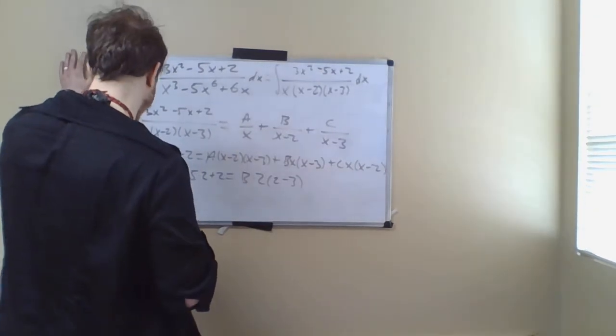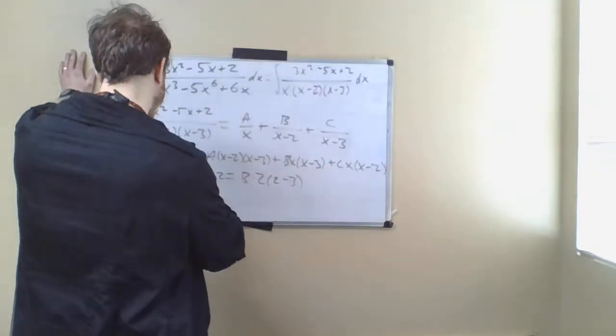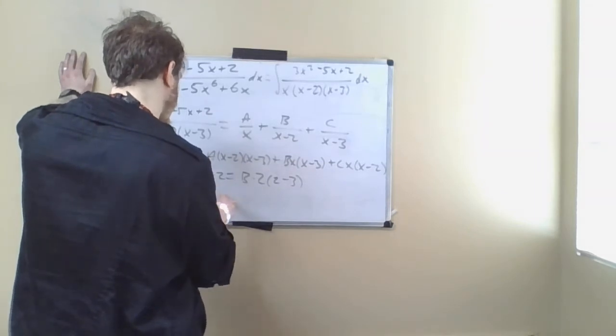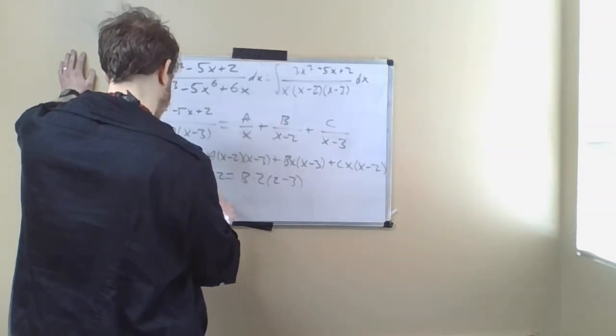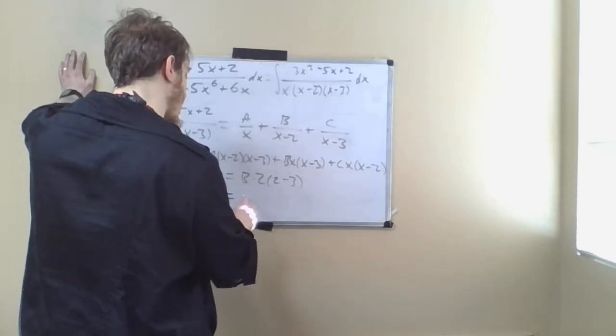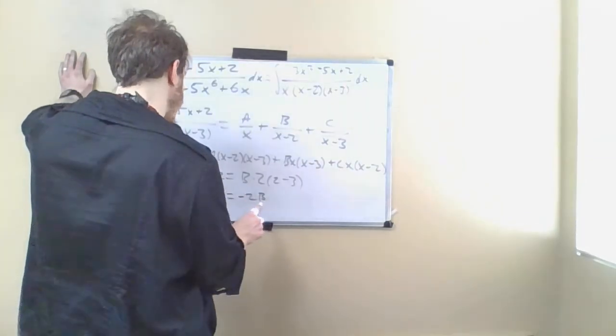I'm running out of space on this little tiny whiteboard here, but this is going to be 12 minus 10 plus 2. So that gives me 4. And then on the right-hand side, I'm going to have negative 2b.